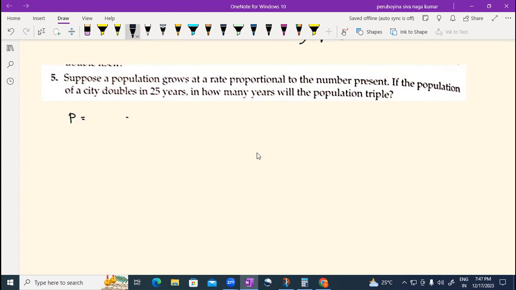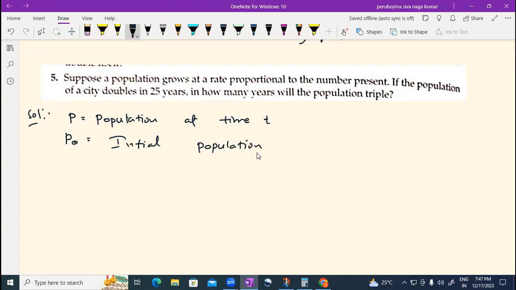Again, it is a question on population. Write down: P is equal to population at a time t, P naught is equal to initial population.